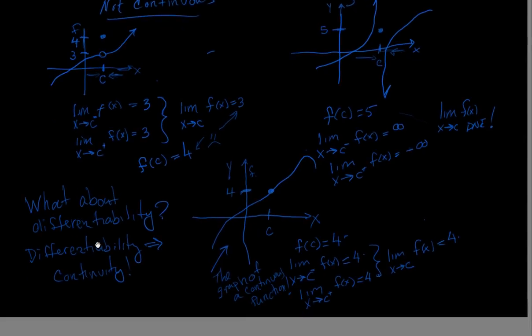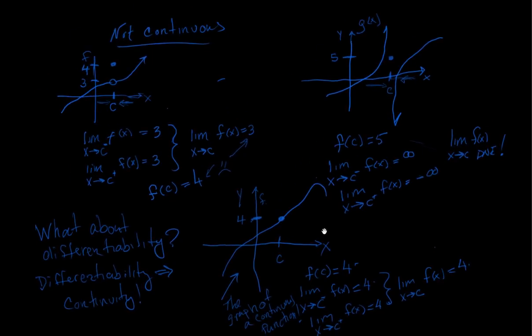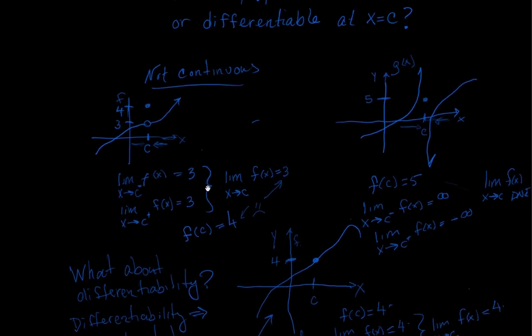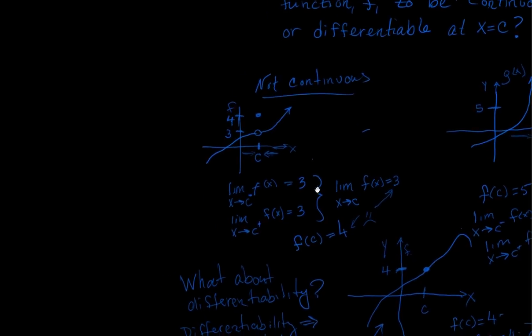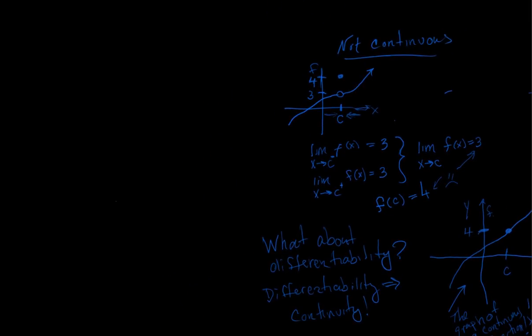That alone lets us rule out many functions, so that we can tell by looking at the graph that the function cannot be differentiable. For example, the following functions are not differentiable.